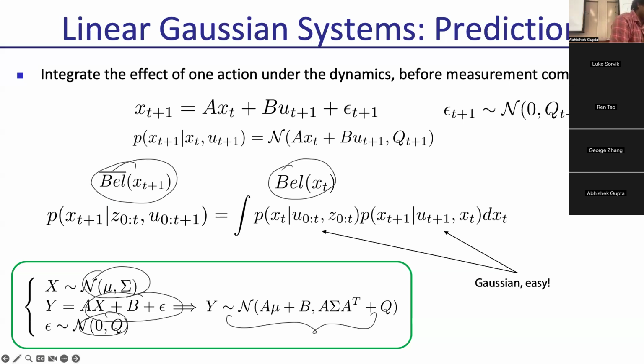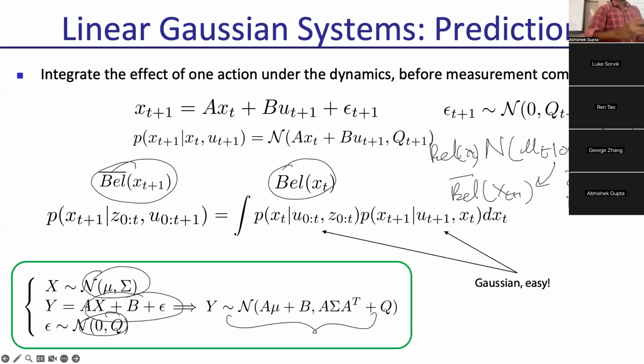Can someone tell me what belief bar is going to be? Remember that belief was a Gaussian, mu t given 0 to t, sigma t given 0 to t. This was belief at xt. Now we need to get to belief bar at xt plus 1. So how do we get there?